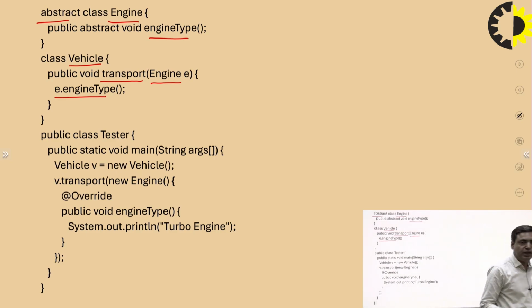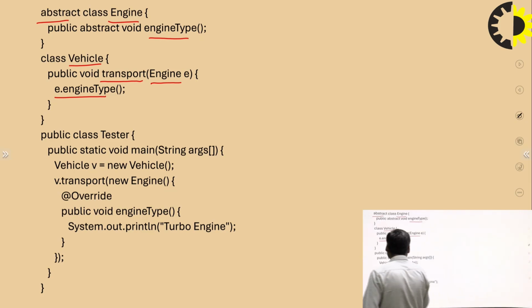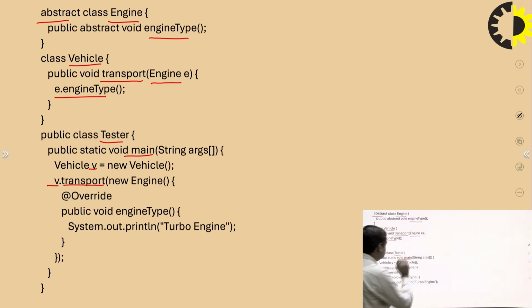So we need to provide the implementation of this method. So we have created one more class, Tester, for the main method. We have created an object of Vehicle. Then we call transport. Transport is a method, and remember, transport needs an object of type Engine.